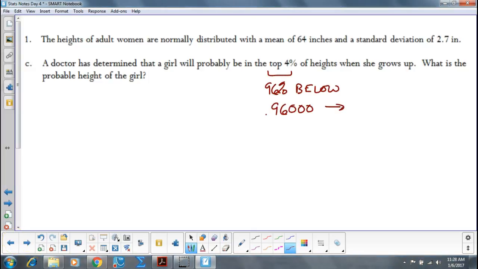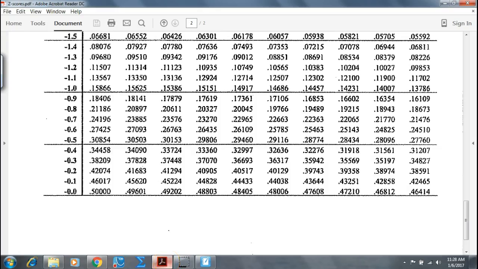Do this problem. Spot check here. What z-score are you going with? 1.76? Yeah. I do not agree with 1.76. Nope, 1.75. I like 1.75.